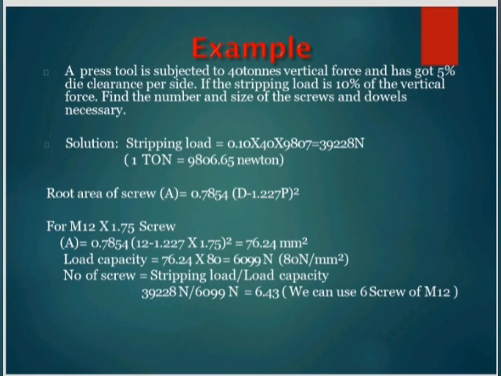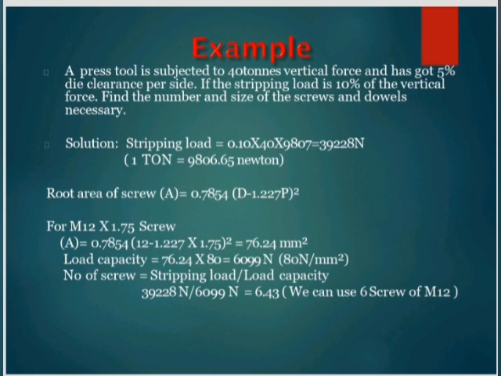Now, taking one example. A press tool is subjected to 40 tons vertical force and has 5% die clearance per side. If the stripping load is 10% of the vertical force, find the number and size of the screw and dowel necessary.